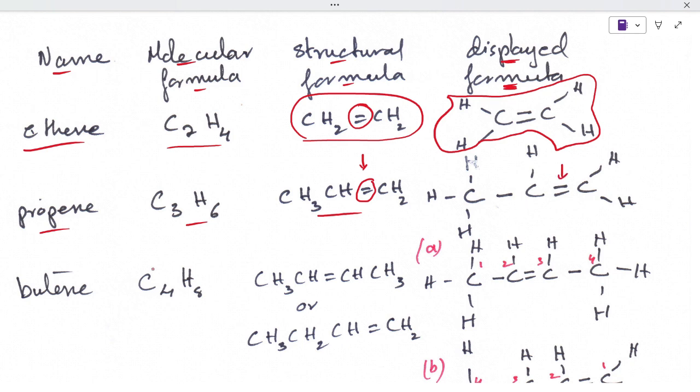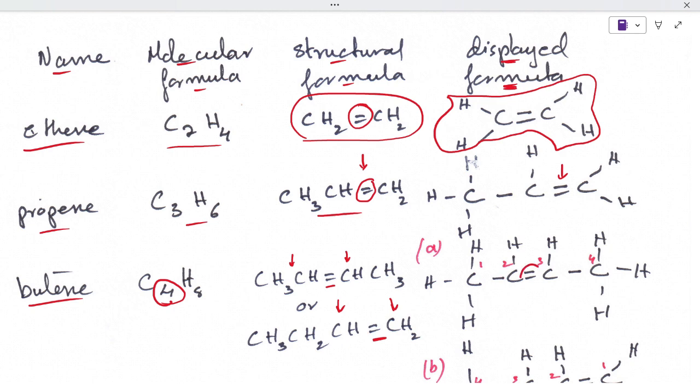Now butene. Here we have 4 carbons, so we have a choice that a double bond can be between the center 2 carbon atoms, that is between 2 and 3, or a double bond can be between 1 and 2. Now naming of butene depends upon the position of the double bond.